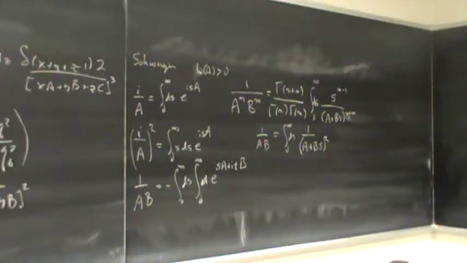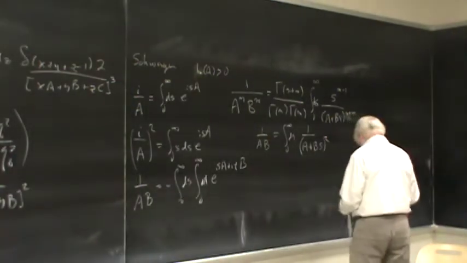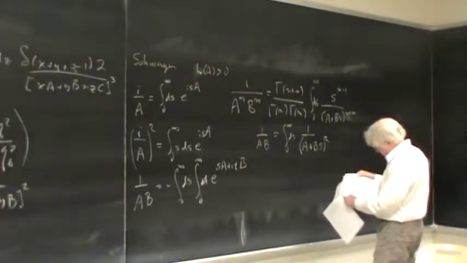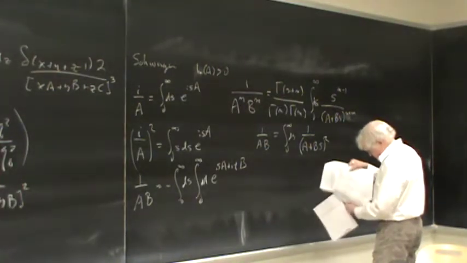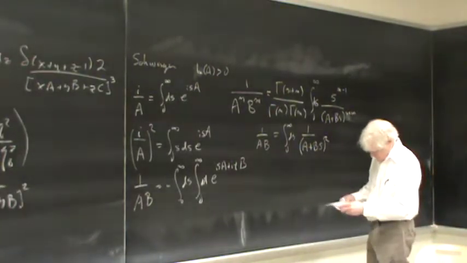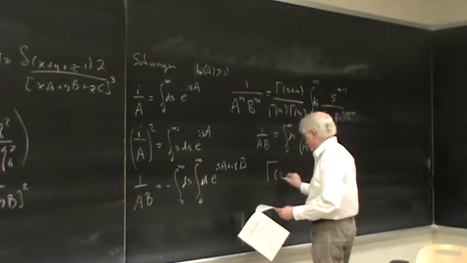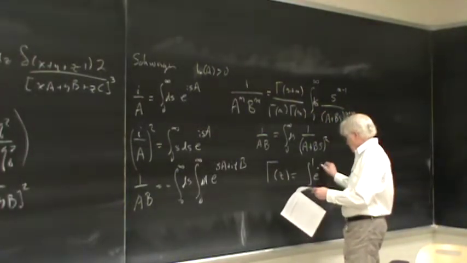Let me remind you of the definition of the gamma function. Of course, you can Google it the way you can Google anything, but damn it, I wrote it down here somewhere. All right, here we go. Gamma of z is the integral 0 to 1 e to the minus t.